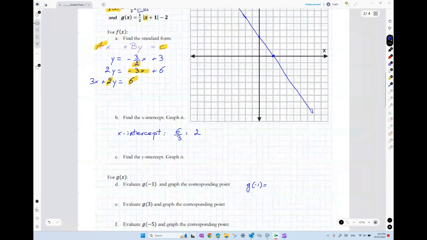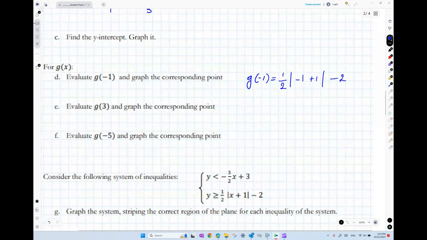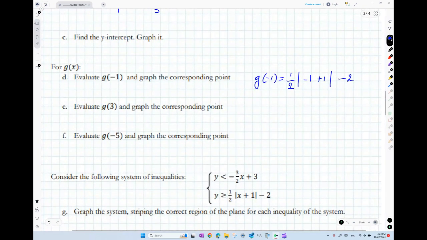So you can write 1/2 times the absolute value of negative 1 plus 1, minus 2. And you would have an end result of negative 2. So the corresponding point would be negative 1, negative 2.